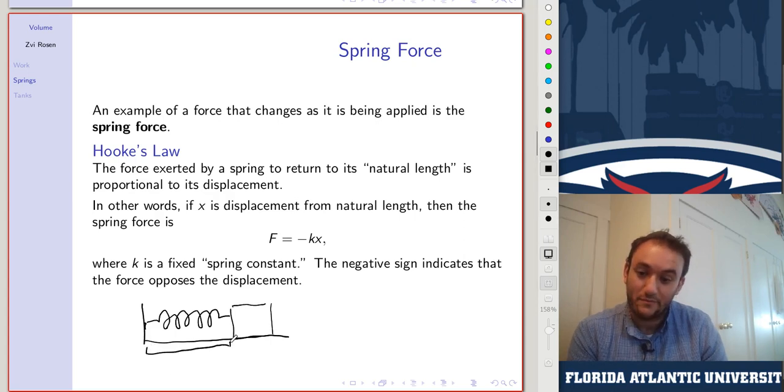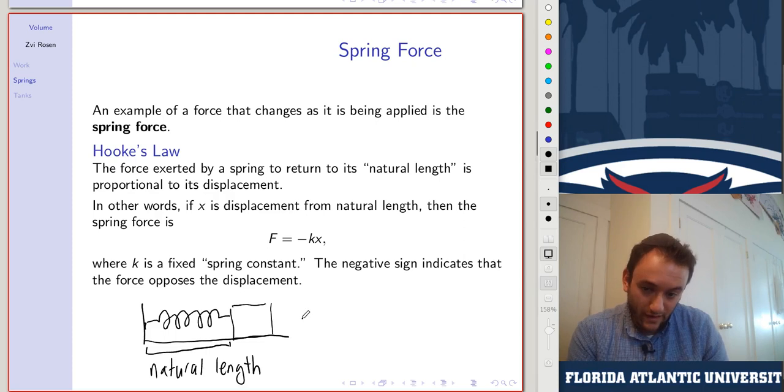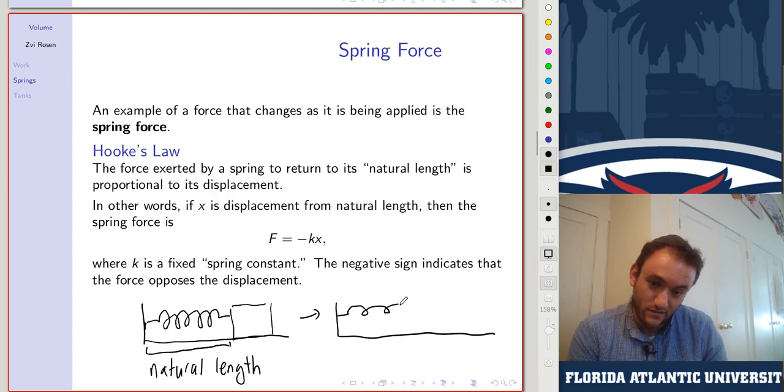So if the spring is happy to sit here, this would be called the natural length. And then if you stretch it, then it kind of starts feeling a little pressure to extend. Okay, so the distance from its natural, so let's say this is its natural length.